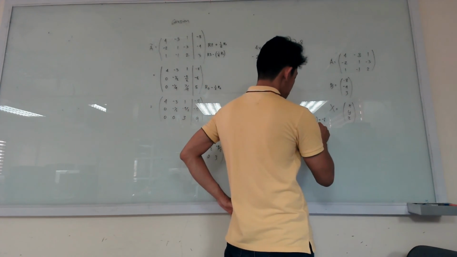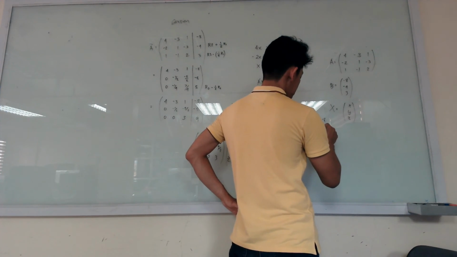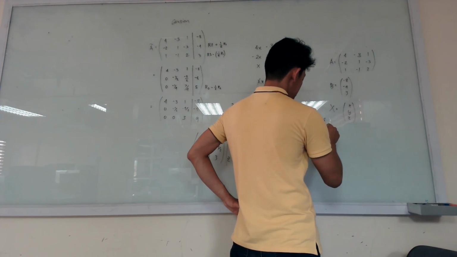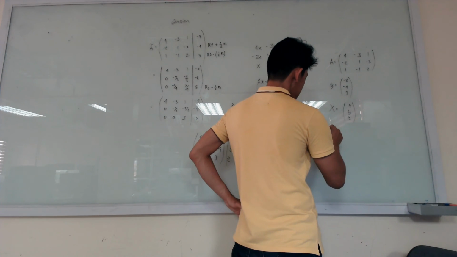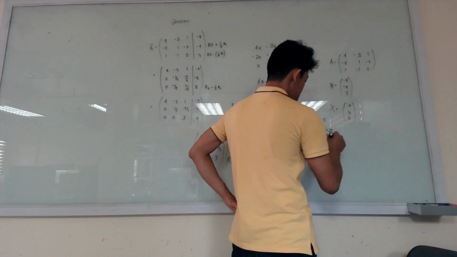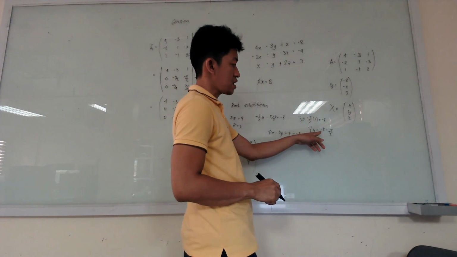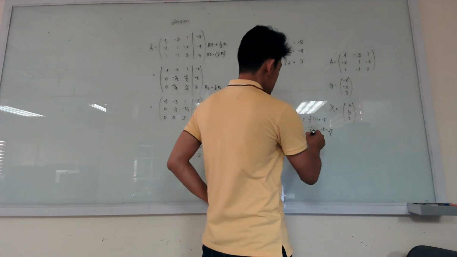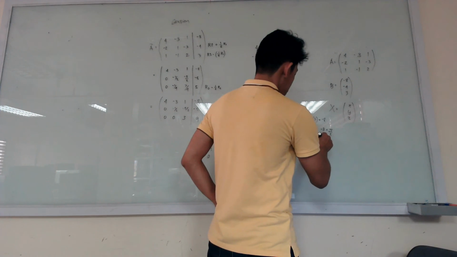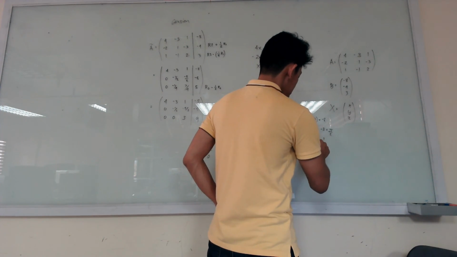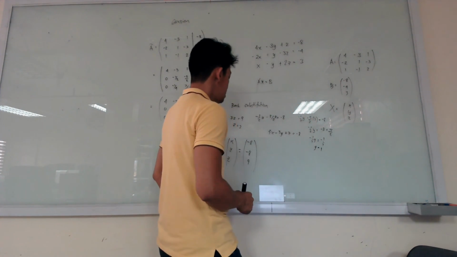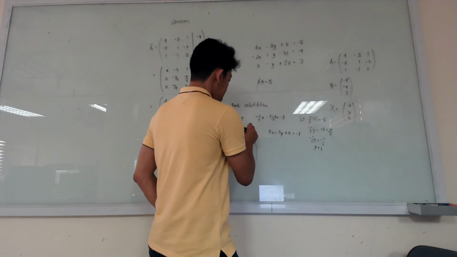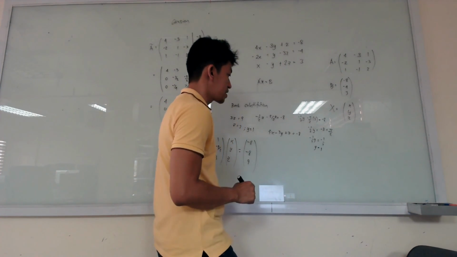So negative 1 half of y equals negative 8 plus 15 over 2. Negative 8 is just negative 16 over 2. So this becomes negative 1 half y equals negative 1 half, or y is just 1. Okay? So y is just equal to 1.